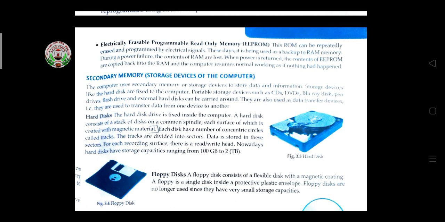The track is divided into sectors, and the data is stored in these sectors for each recording surface. And here you have the read and write head. The storage space of a hard disk starts from 10 GB to 2 terabytes.